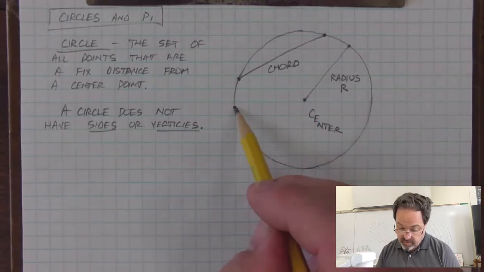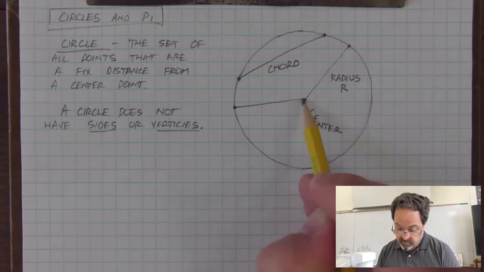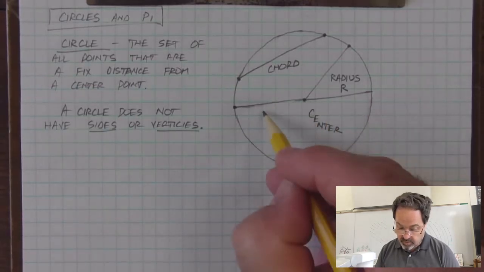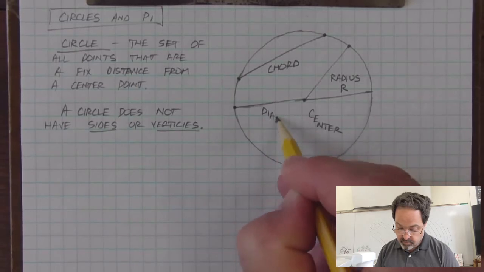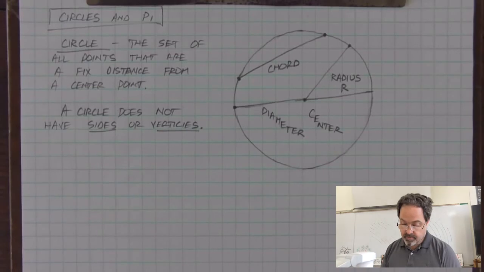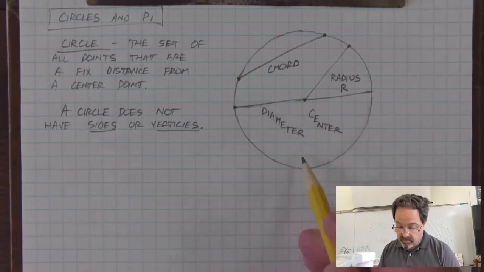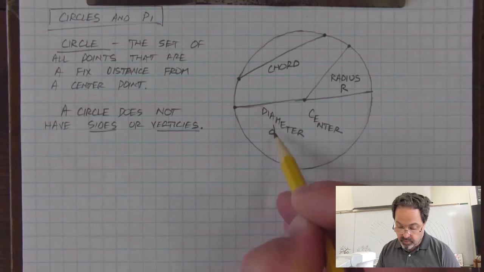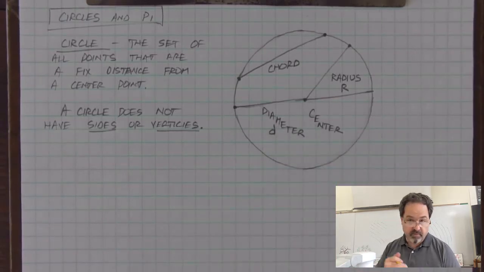The distance that goes through the circle's center is called the circle's diameter. And we use this measure very often in calculations. We will often give it the letter D to stand for the diameter of the circle.